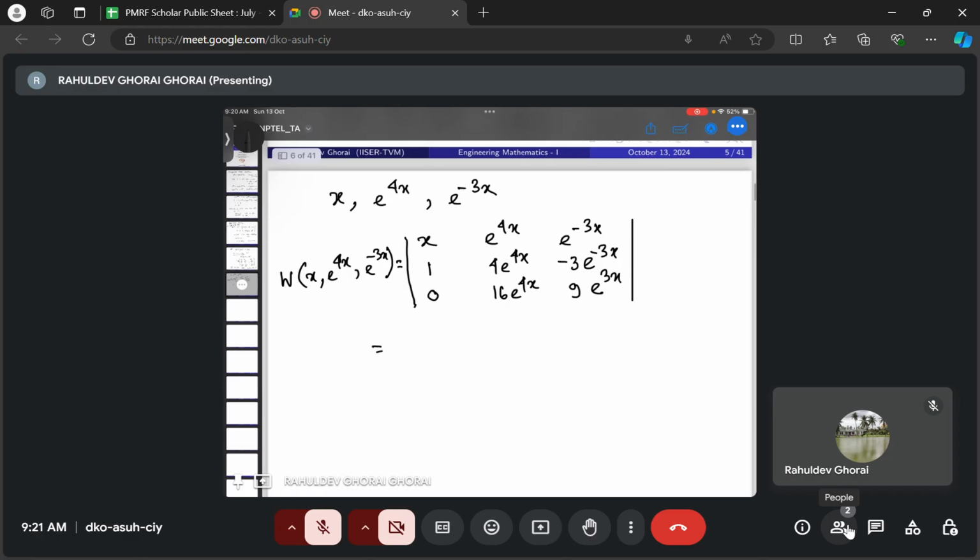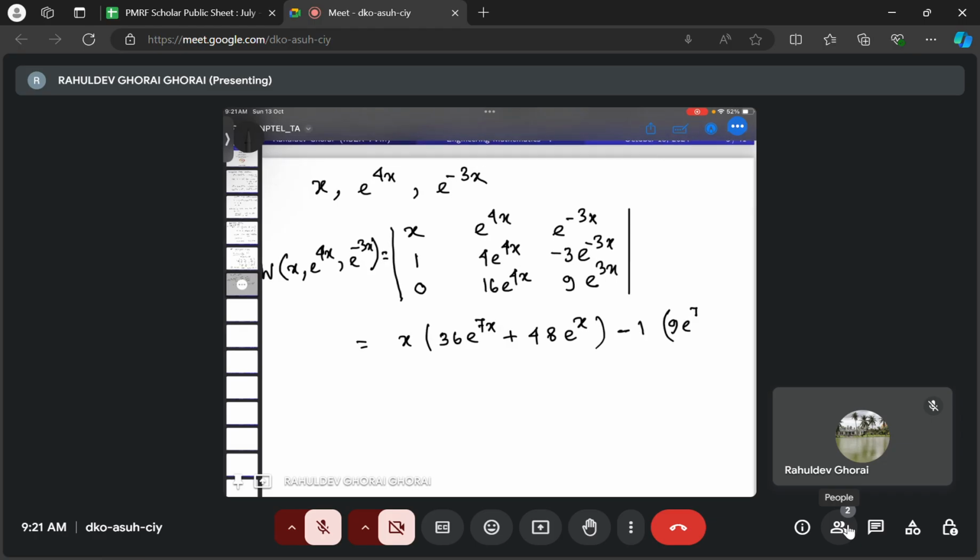So you can write x times 4 times 9, which is 36 e to the power x, plus 16 times 3, which is 48 e to the power x, minus 1 times 9 e to the power x, minus 16 e to the power x. What does that give you?